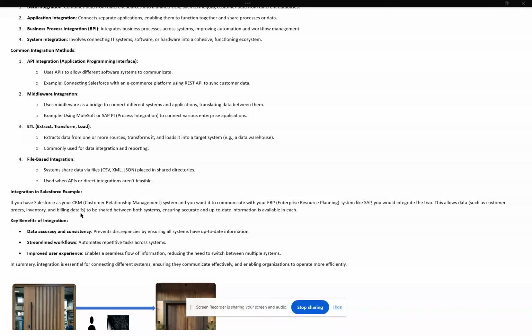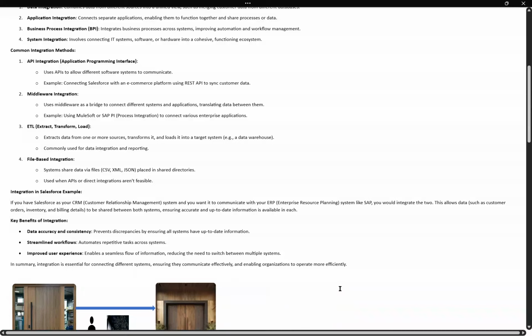You can integrate them with a middleware, or directly if both have their APIs. Again, the benefits of integration, we already covered a few: it will improve data accuracy and consistency, workflows will be streamlined because the exchange of data will be seamless, and for users it will be a great experience, because they need not go to different systems.